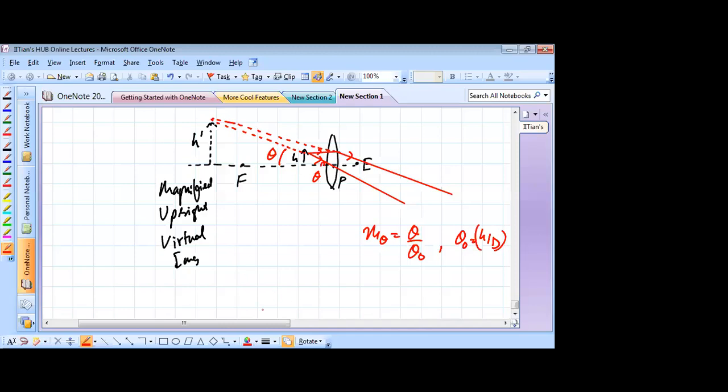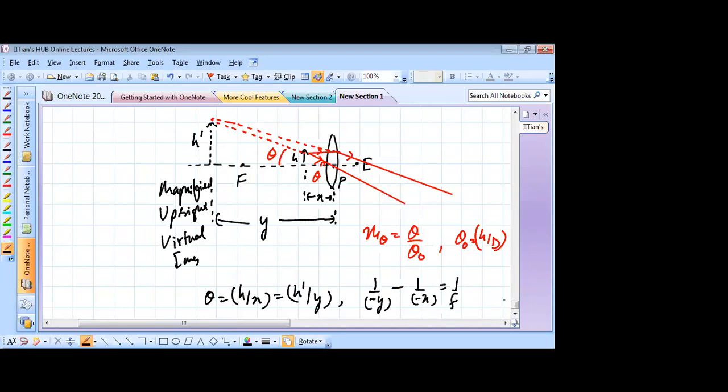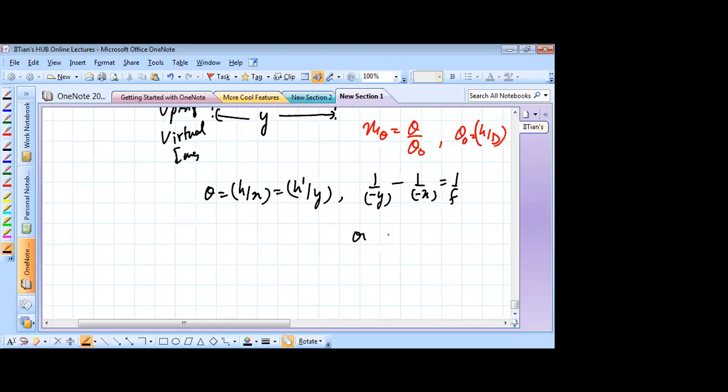Now, if our object was kept at a distance x and the image is formed at a distance y, we also have the relation that theta is equal to h by x, which is equal to h prime by y, where 1 by v minus 1 by u is equal to 1 by f, or this kind of relation also.